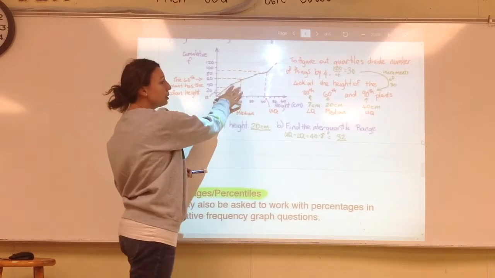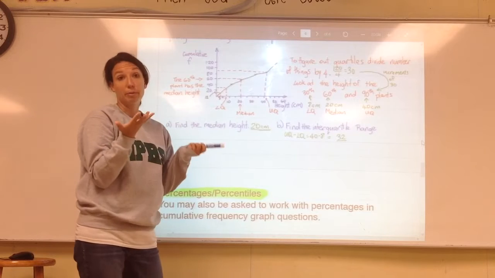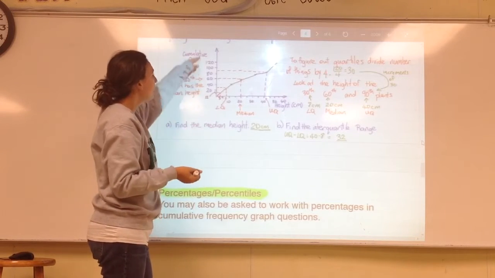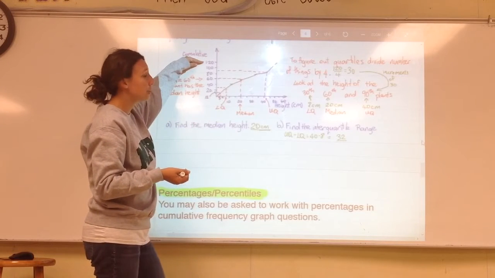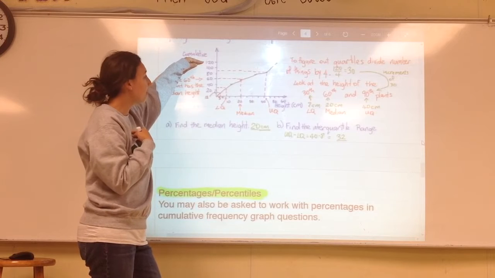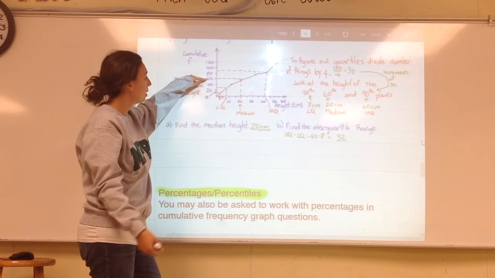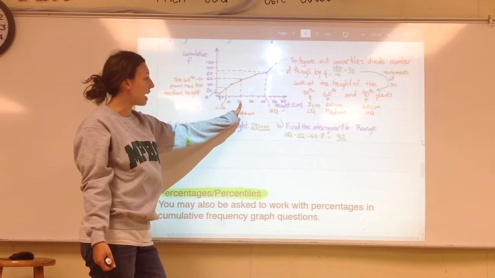So if I am using a cumulative frequency curve in order to find my 5-number summary, basically my Q1 and my median and my Q3, I can look at my total amount. So in this case, there was 120 total. So if I want to find my median, I go halfway up my cumulative frequency, over until I hit my curve, and straight down.